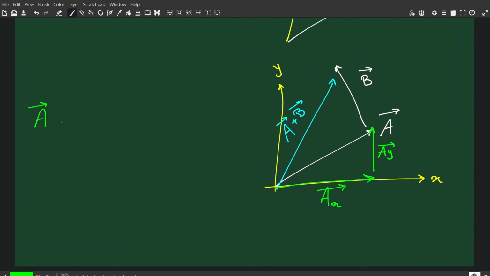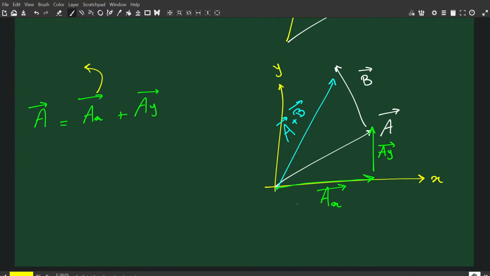So the a vector is equal to ax plus ay. And usually we don't like to set them as vectors. I mean, why should I break down a vector into other vectors? So I prefer to break them down into scalars and directions.